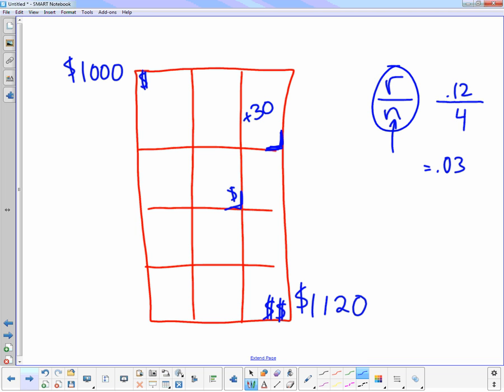And what's happening is that you're doing multiplications. So at this point, when I reach here, I'm taking 0.03 not of $1,000, like I did right here, but of 1,030. And what's that?